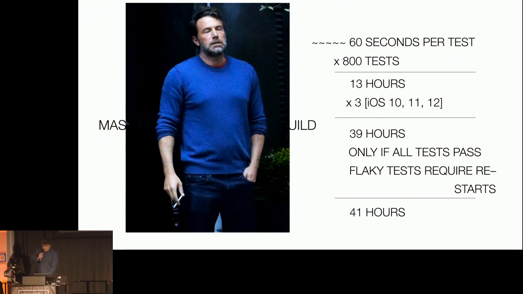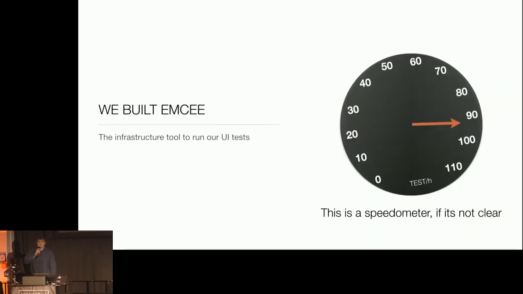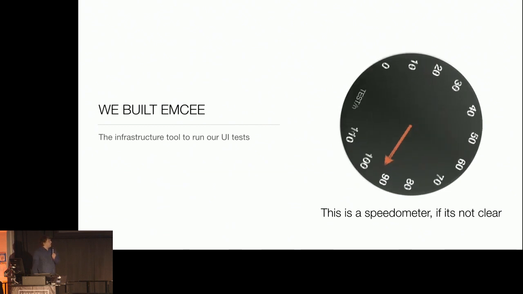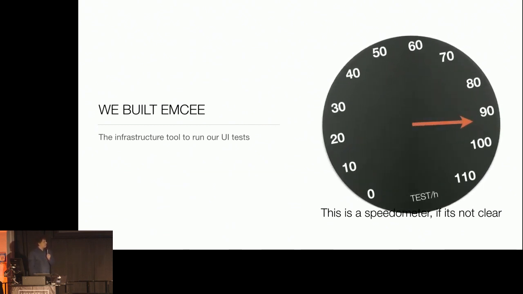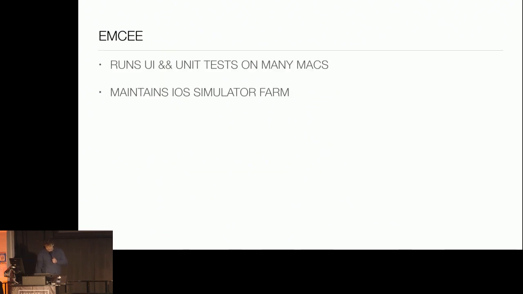So we built Emcee, which is a tool to automatically distribute the test run across many, many Mac machines. This is a nice attention-holding animation. Emcee runs both UI and unit tests, which is a nice feature, and it's kind of a simulator farm in the iOS world.